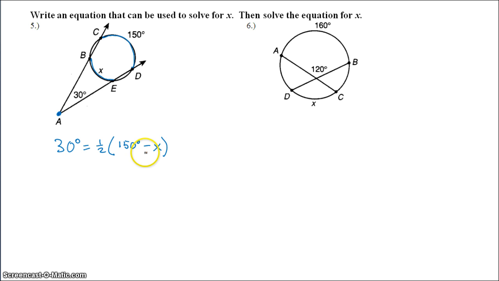Now I just need to solve for x. Now, different than examples 1 and 2, I'm solving for a variable that's in my formula. To do that, I'm going to first distribute.